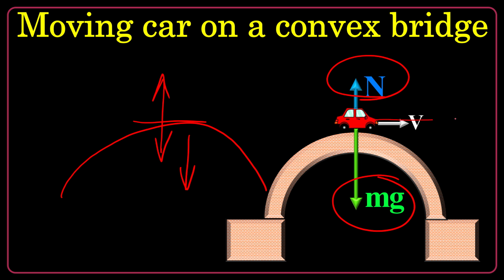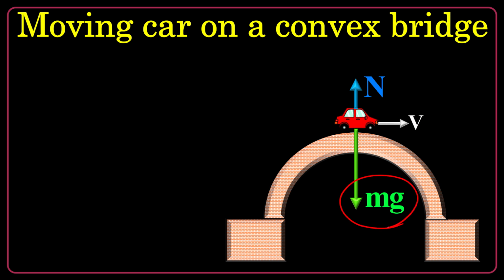The car would fly off horizontally. You must have a larger mg and a smaller n to make a resultant force downward to use as this centripetal force. So keep in mind that mg here is larger than n.